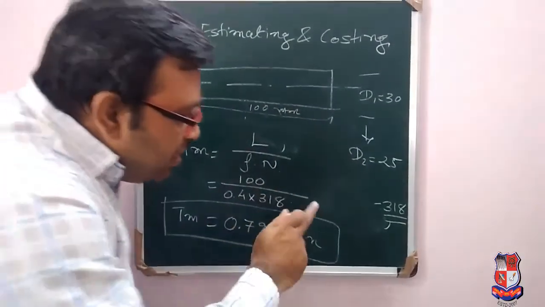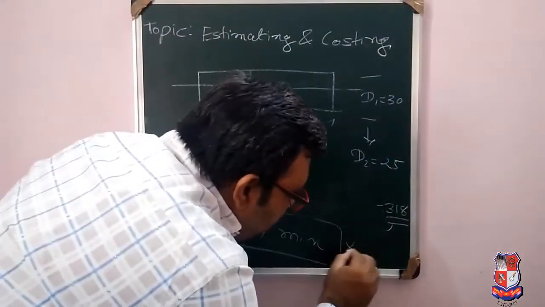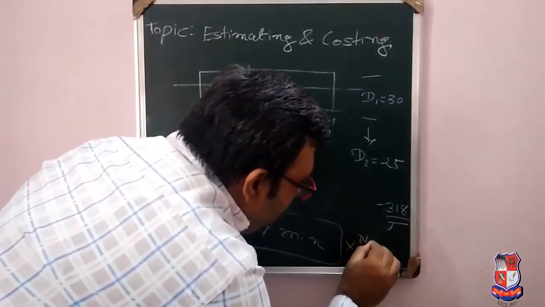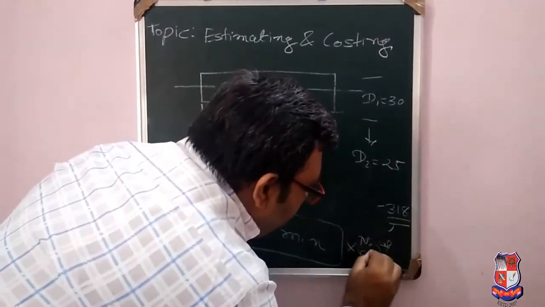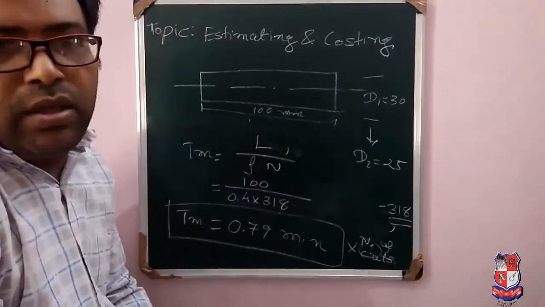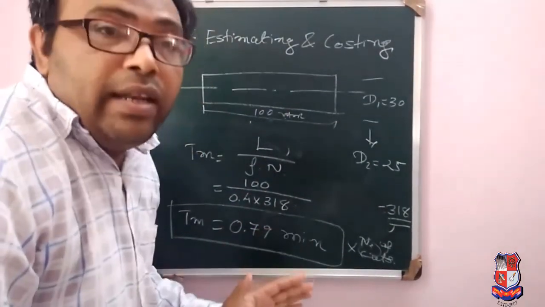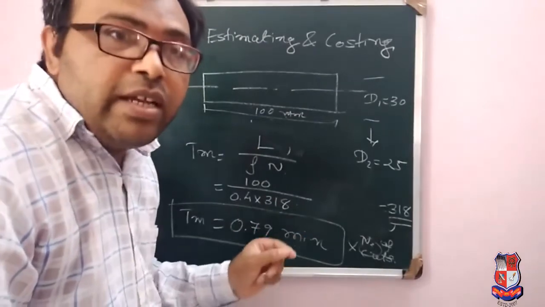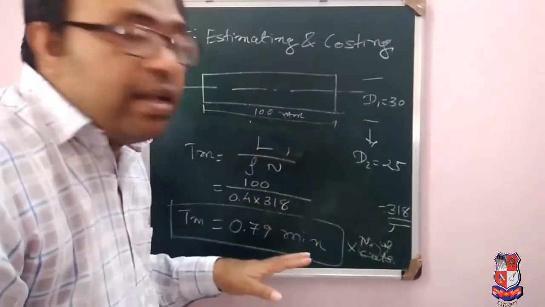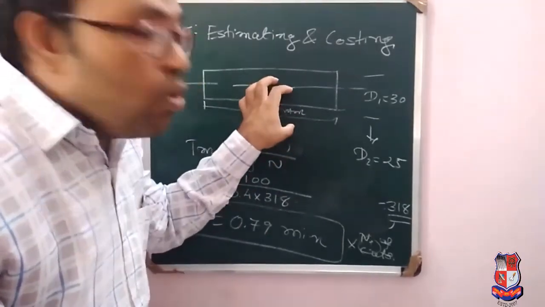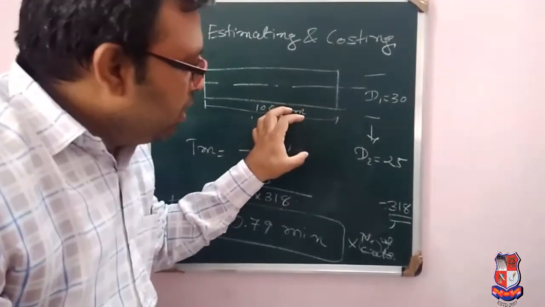So if there are 2 cuts, we have to multiply by 2, that is the number of cuts. So by this way we can calculate the machining time of any turning operation of a piece of any material.